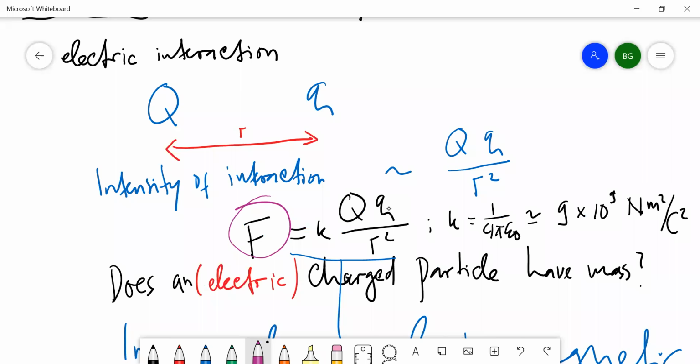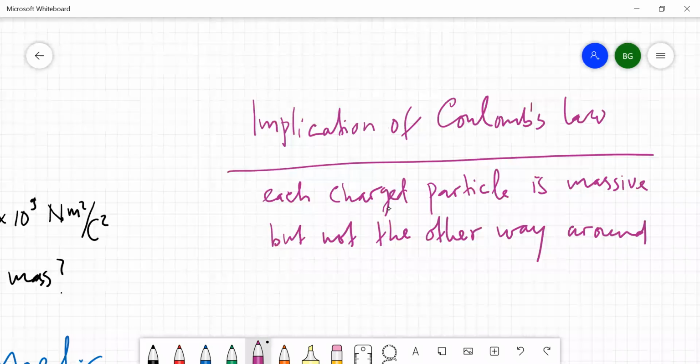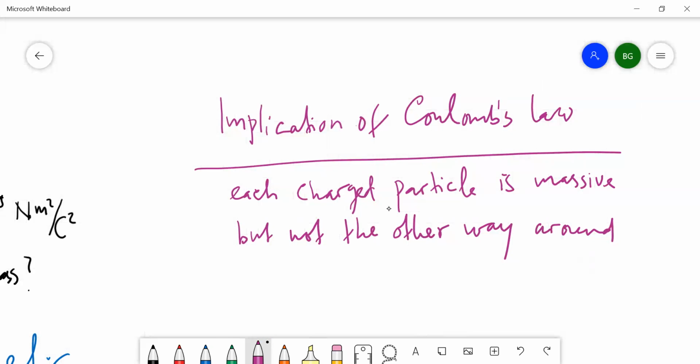Maka secara implisit, hukum Coulomb ini mengatakan bahwa setiap partikel bermuatan listrik pasti bermassa.